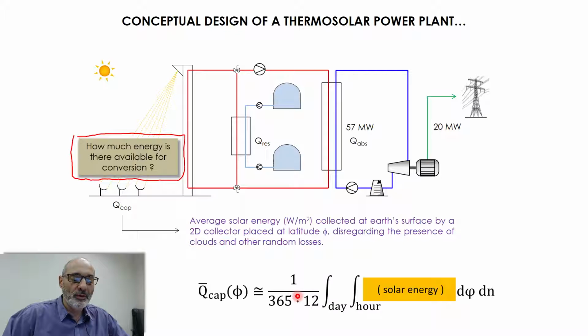We're going to integrate over 12 hours. That's why it's divided by 12, because I already know that during the night we don't have sun. And we're going to integrate this over the year, so that's why it's divided by 365.